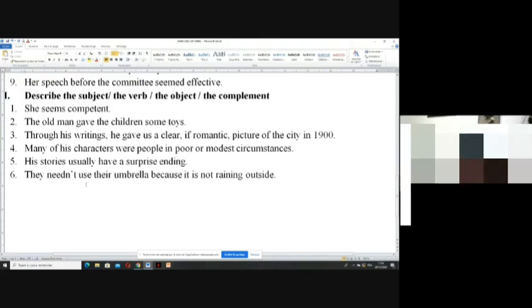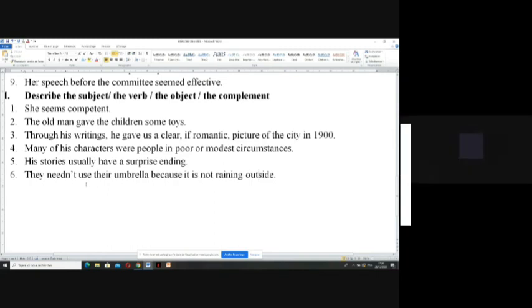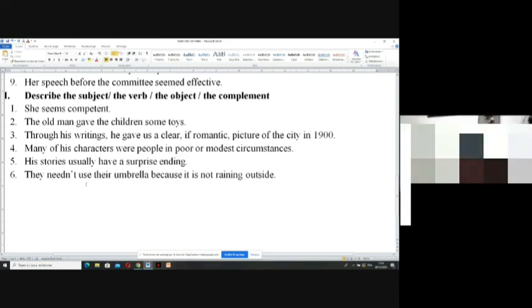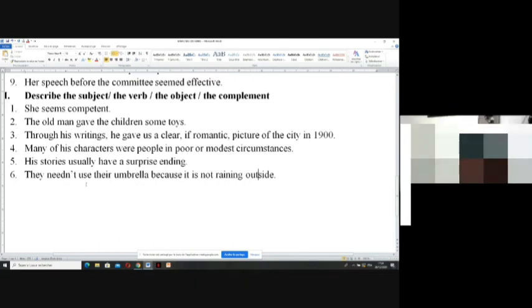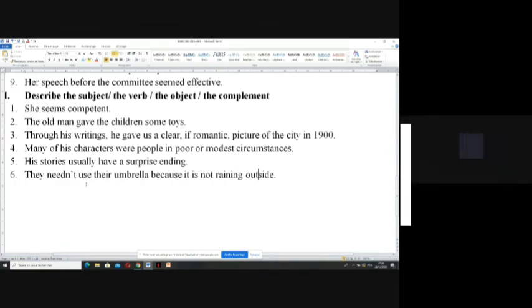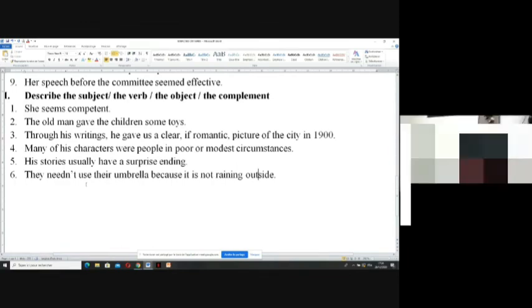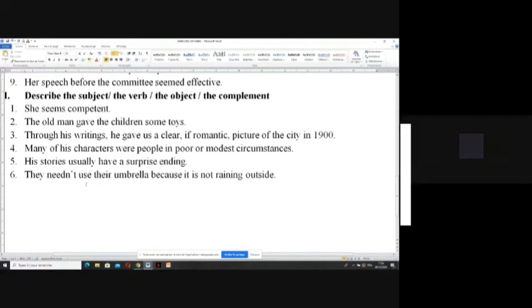But which type of pronoun? Is it a personal pronoun? No, it isn't. So it is impersonal pronoun or indefinite pronoun. Indefinite.